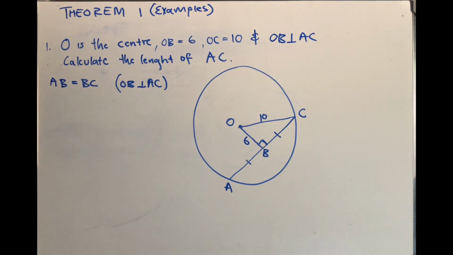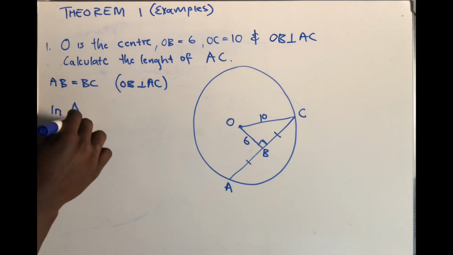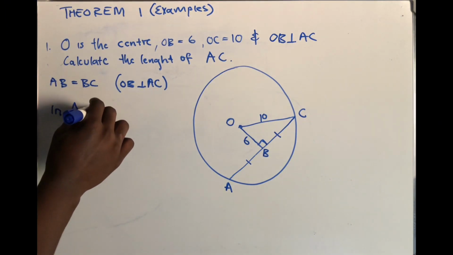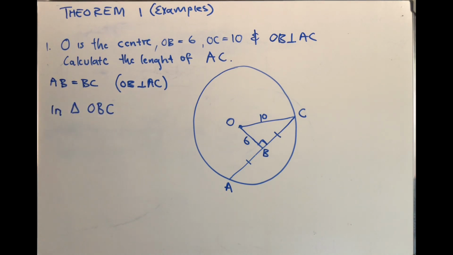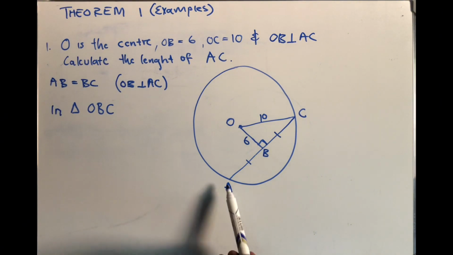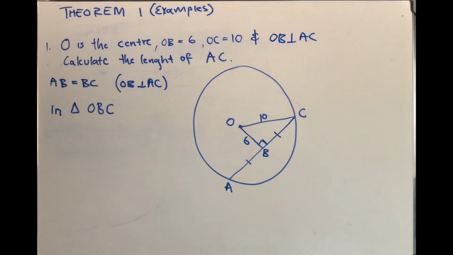Calculate the length or the size of what? Of AC. If we look in triangle OBC, this triangle is a right angle triangle. So we are sorted. But the length that they want us to calculate is what? AC.